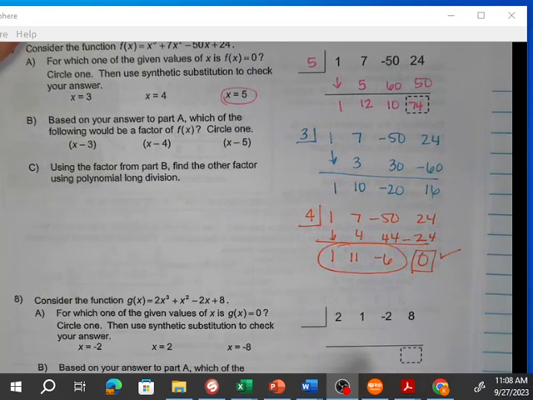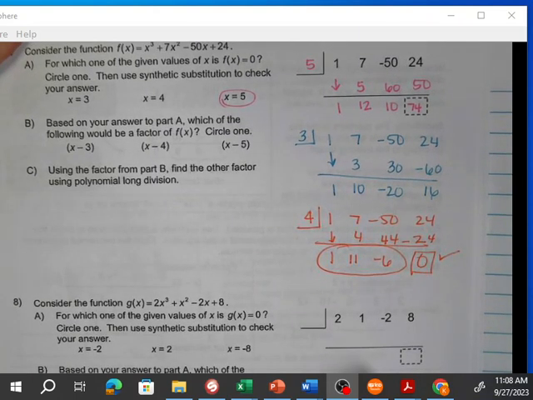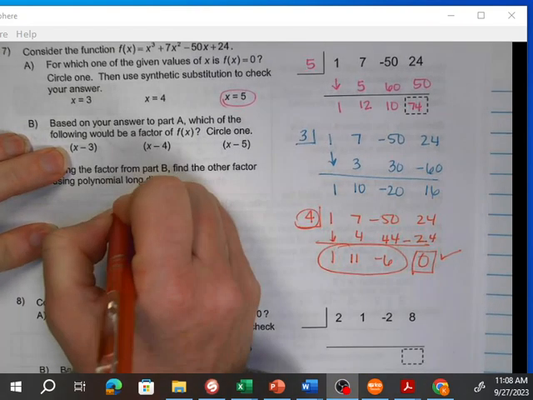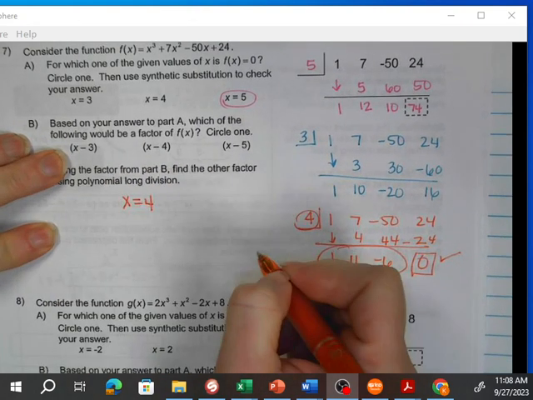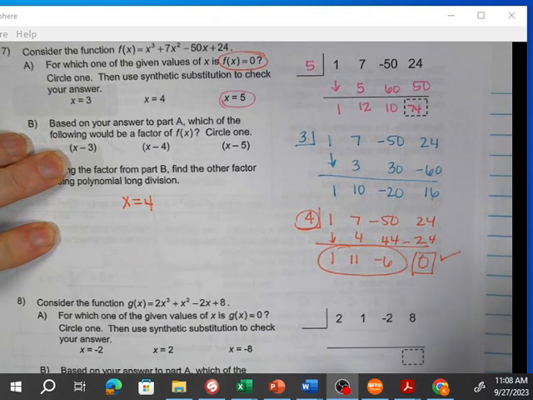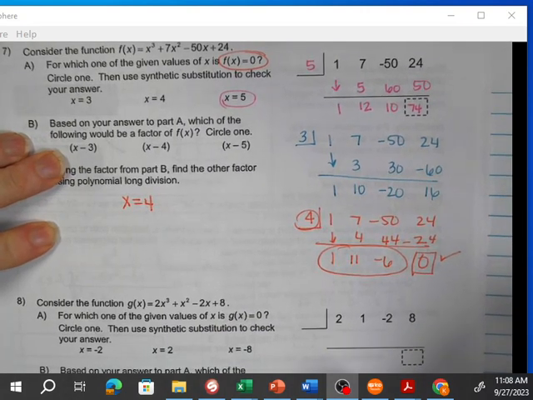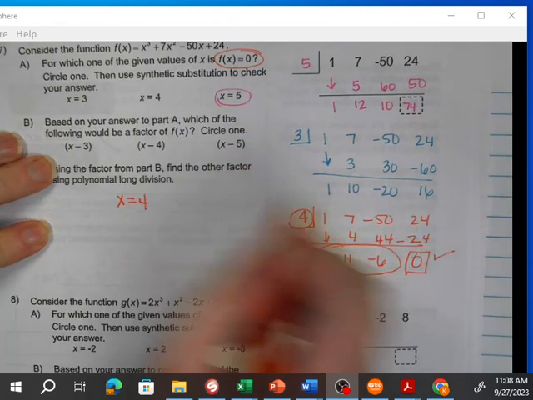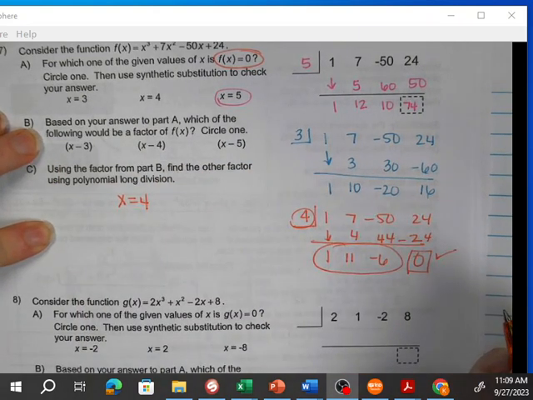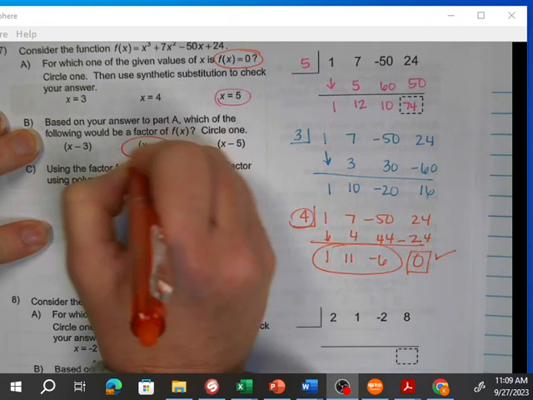So based off of that, x equals 4 gives a remainder of 0, which means it is a zero or a solution, which means which factor would be a factor? x minus 4.